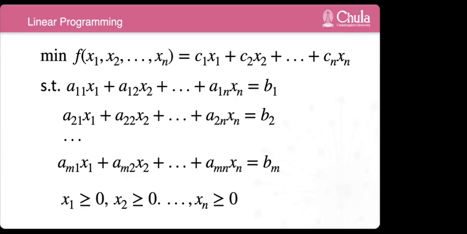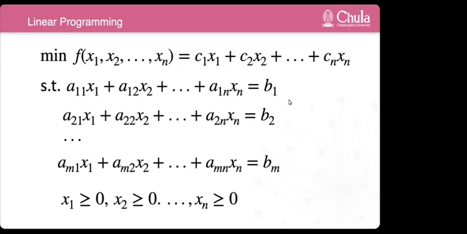Yes, it's overdefined. The degree of freedom is negative. And if n is larger than m, your degree of freedom is positive, of course, and that is the so-called optimization problem.